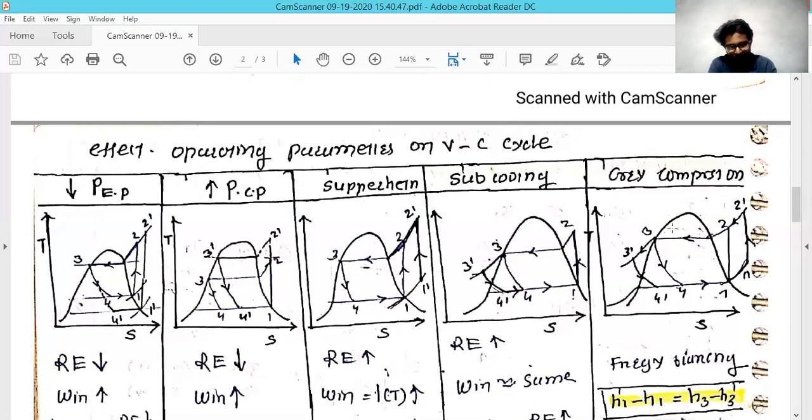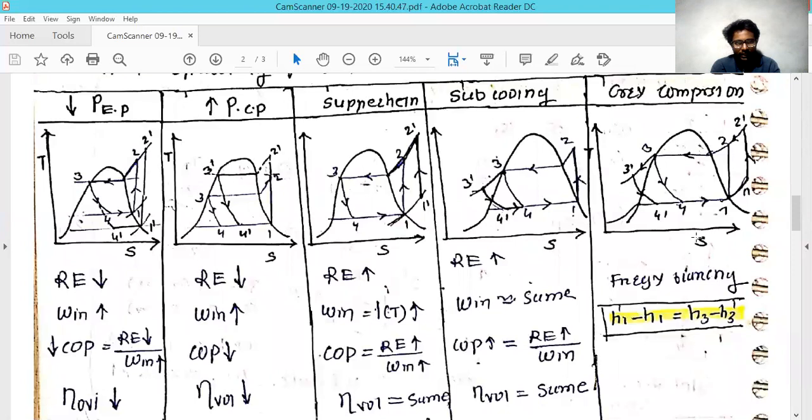Secondly, there is a change in the work input to the compressor. If you compare these two vertical lines in the superheater stage, in the first condition there was a smaller length compared to the second. The second length is the amount of work added in this process, and it increases if you reduce the pressure compared to the previous cycle, while the condenser pressure remains constant.